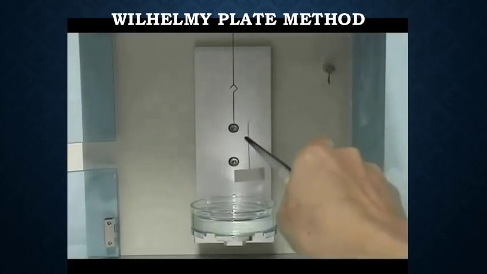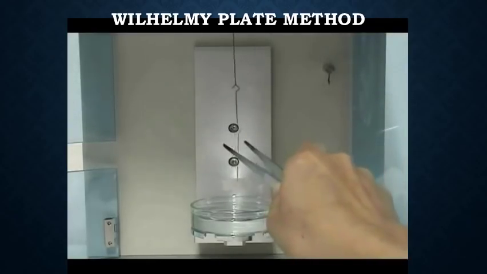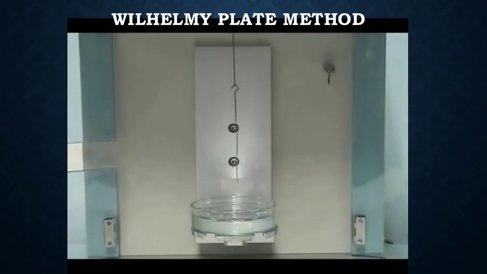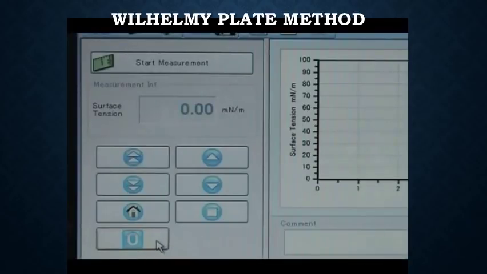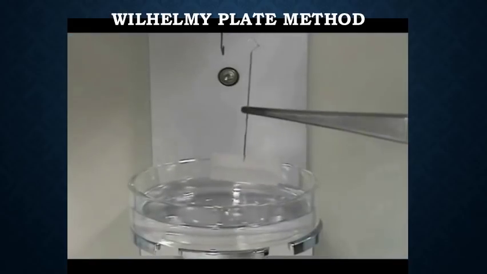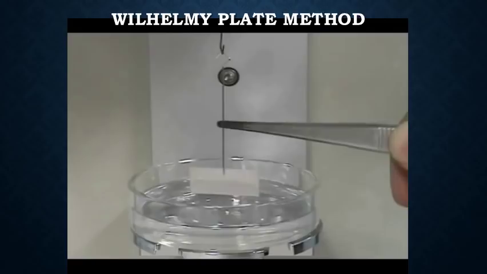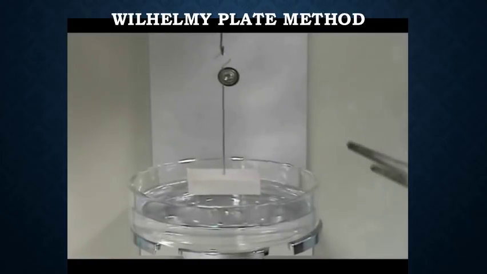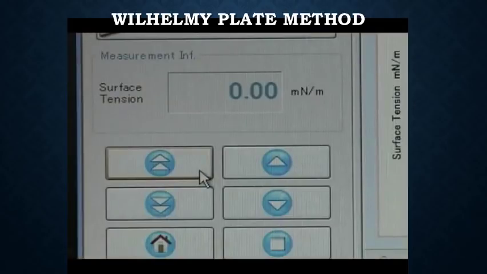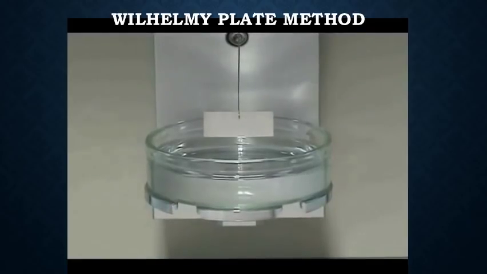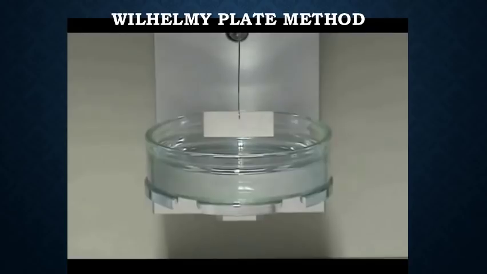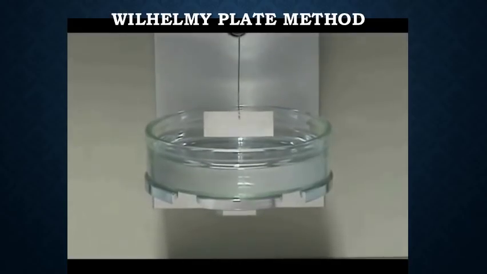So here is the video of how they use the plate method to determine surface tension experimentally. You can see they wet the plate first before they make the measurement. Then they immerse the plate into the liquid.